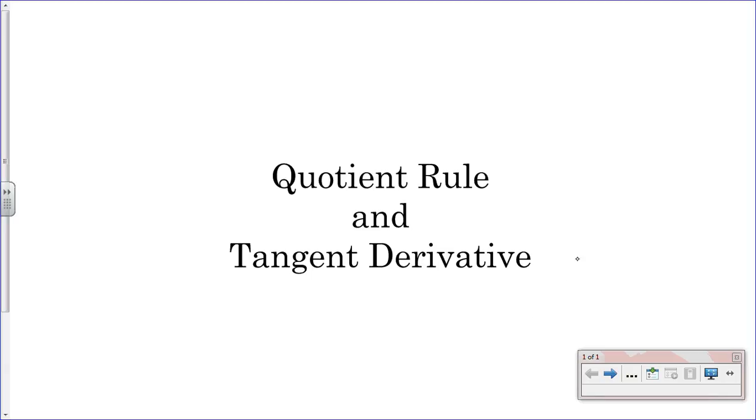All right, quotient rule and tangent derivative. So here's the rule for the quotient rule.